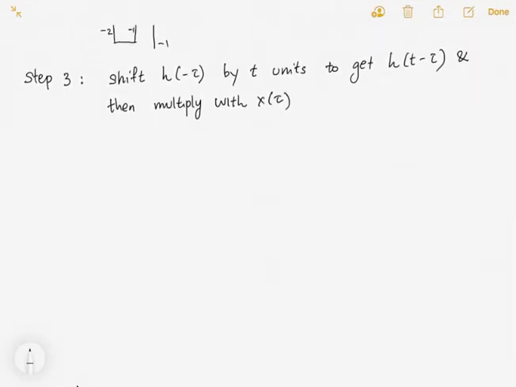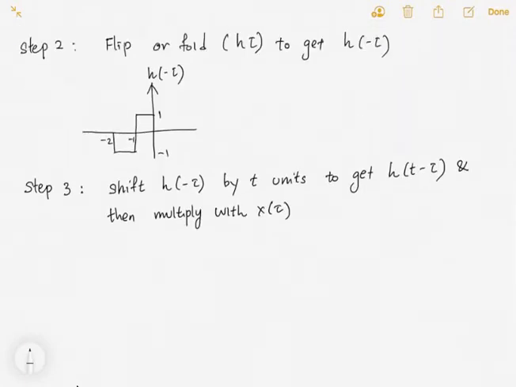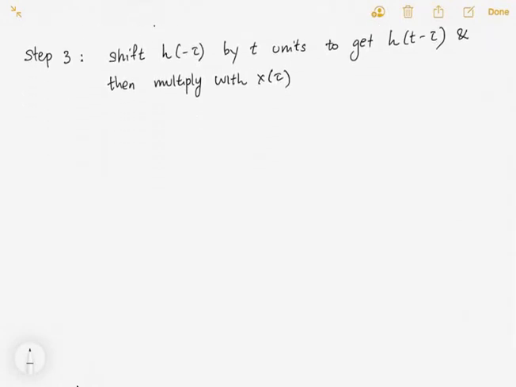You have the x(tau) and h(t minus tau). This is the h(negative tau), so you change it to h(negative tau). So you fix the x(tau).